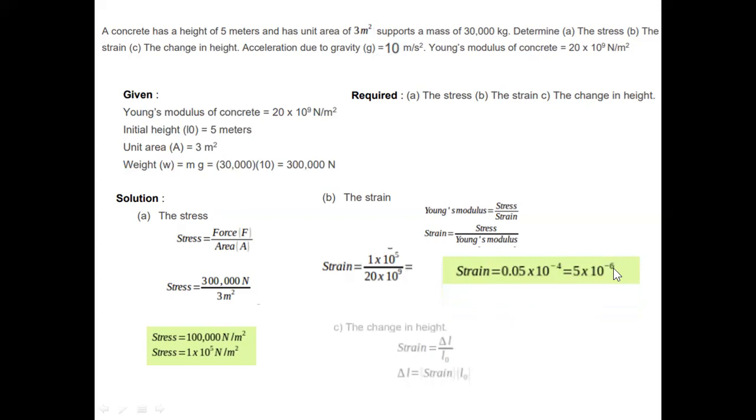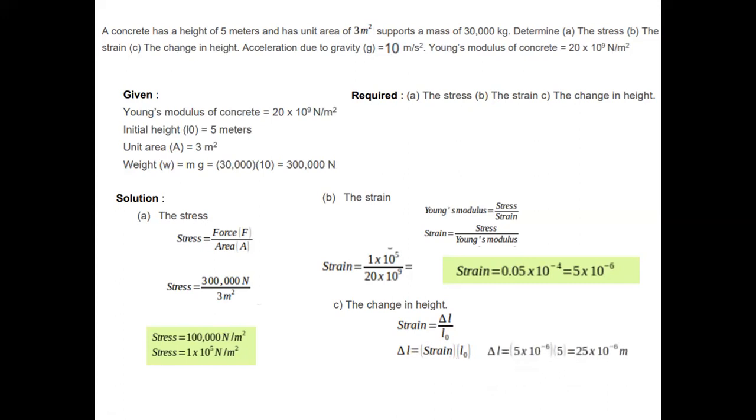For letter C, the change in length or height of the concrete, strain is equal to delta L all over LO, or change in length all over the original length, and manipulating the whole formula, getting now our change in height or length of the concrete, delta L is equal to strain multiplied with the original length.